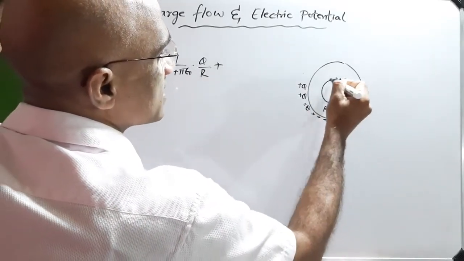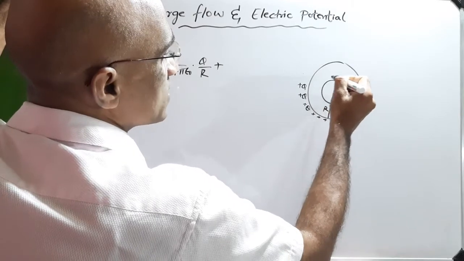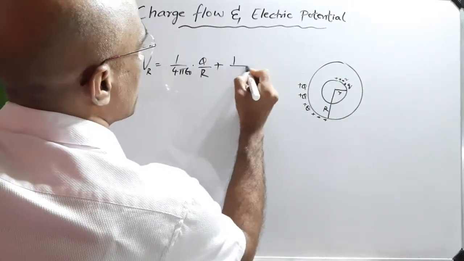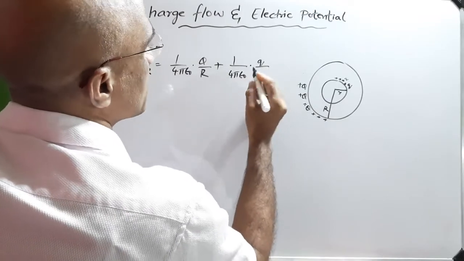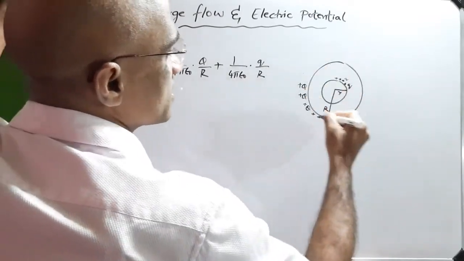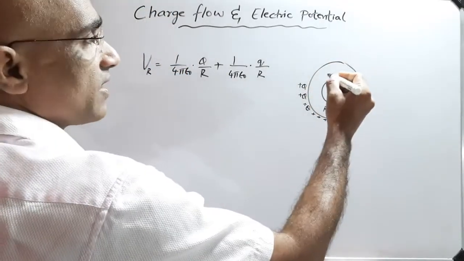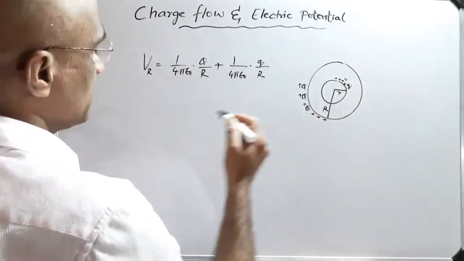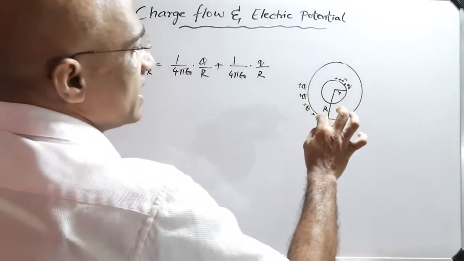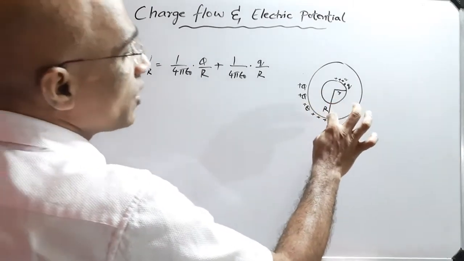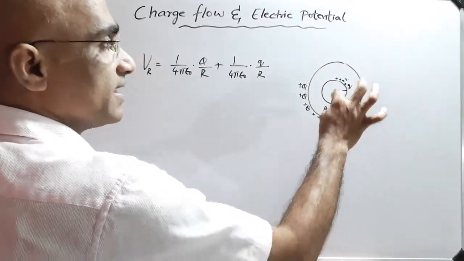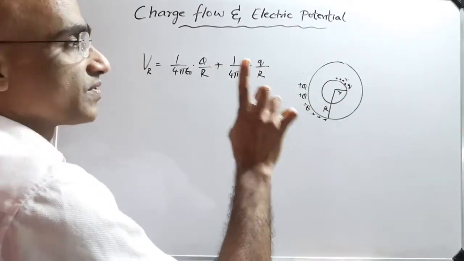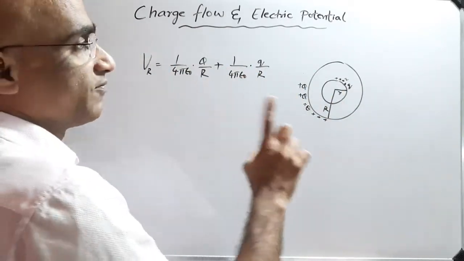potential because of the charges residing on the surface of the concentric inner sphere, which is nothing but again 1 by 4 pi epsilon naught into small q by capital R, because we are considering only the largest sphere. And remember, the potential at any point, including the surface of the sphere and inside the sphere, will be the same for any surface.